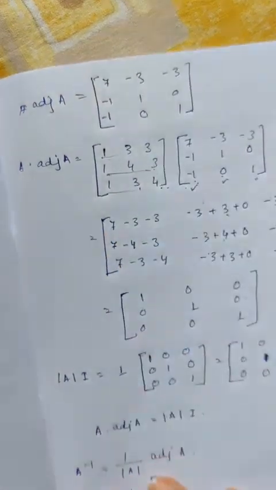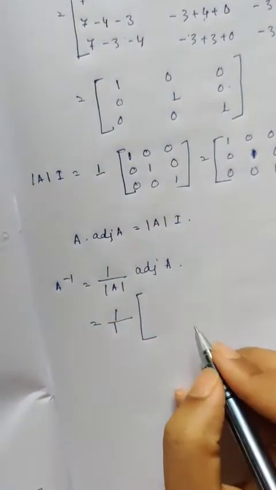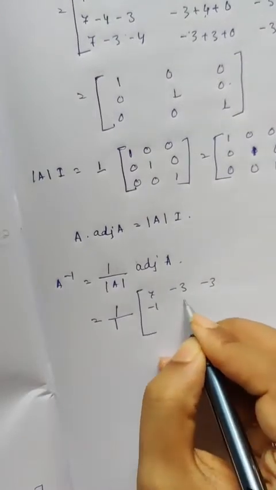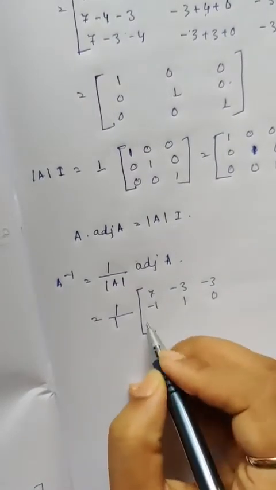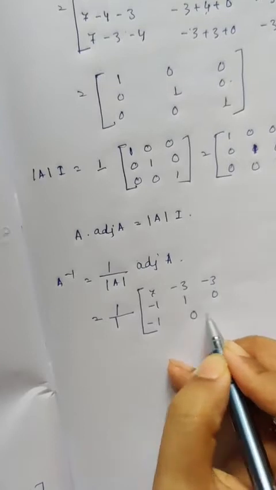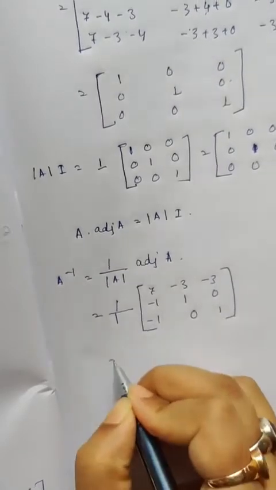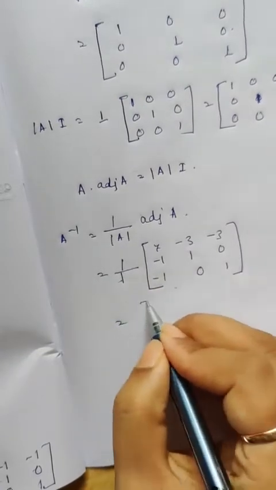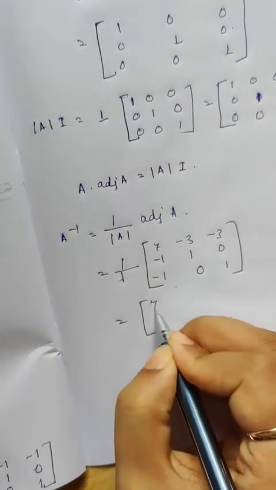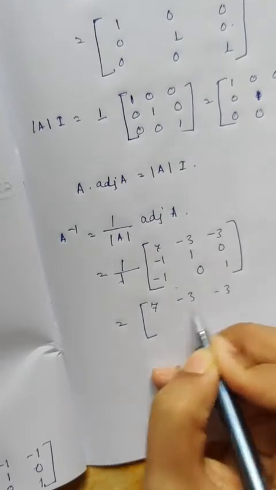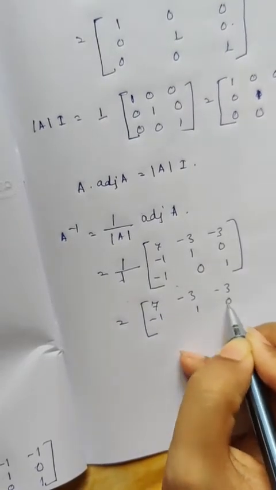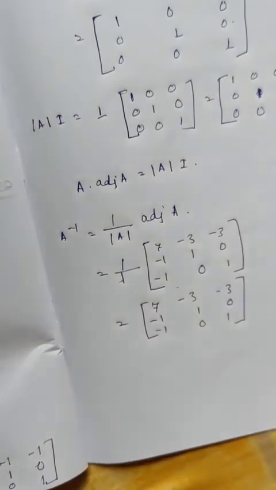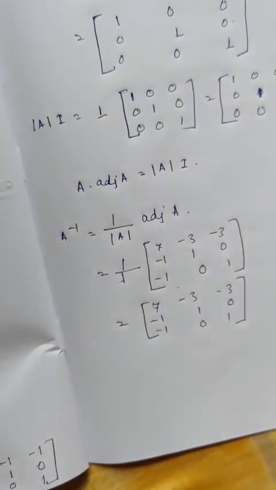So let's write this one here: 7 minus 3 minus 3, minus 1 1 0, minus 1 0 1. Since we are multiplying the matrix by 1 by 1, that means 1 only, the matrix will remain the same. So this is our A inverse.